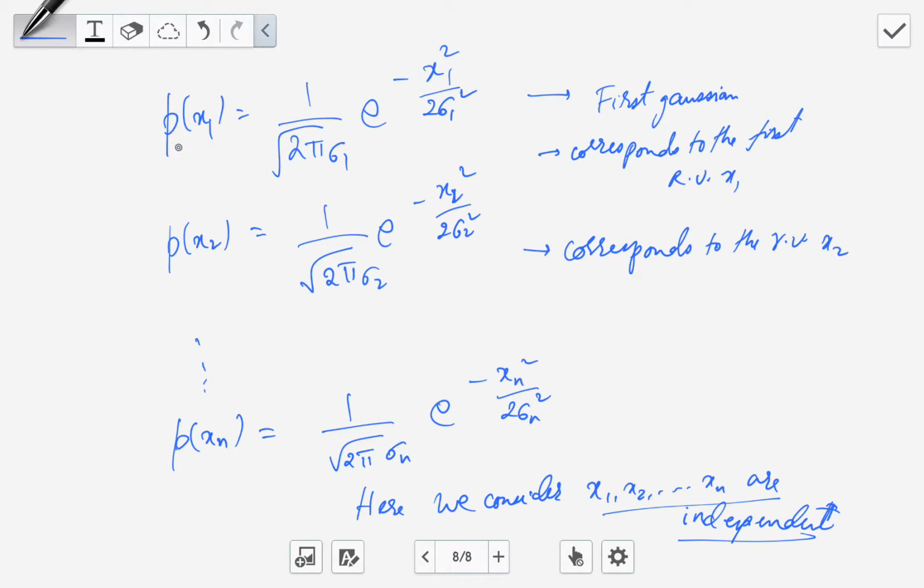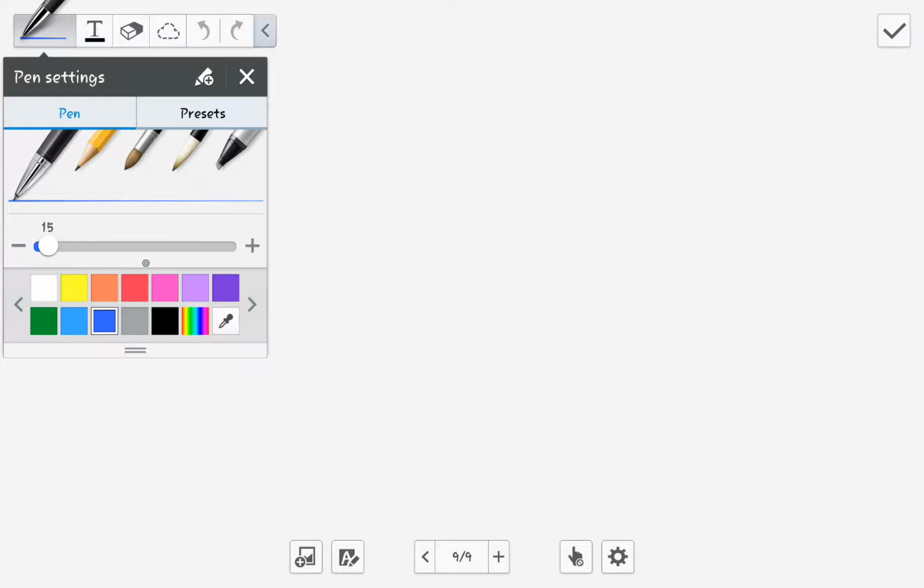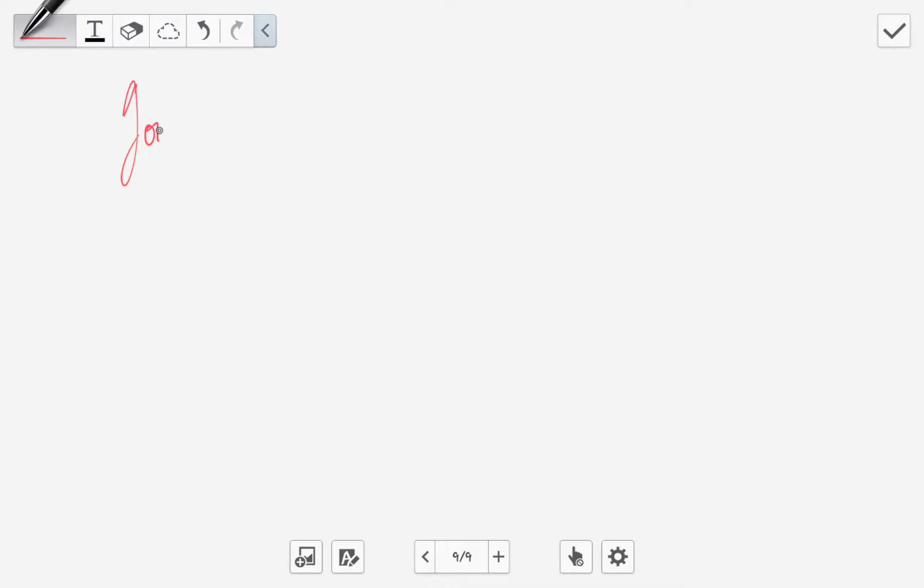So as to avoid ambiguity, we have to write it this way. Now say we want to know the joint distribution of x1, x2, so on up to xn.